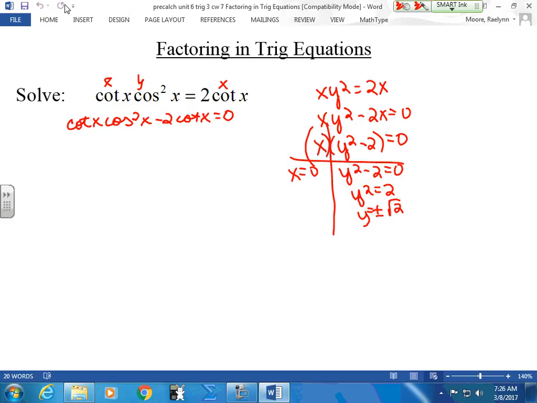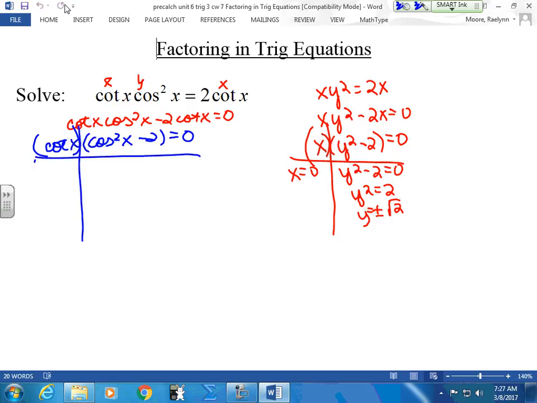Agree? Okay. So let's do the same thing over here. What can I factor out? Cotangent. Works the same way, right? So now I have 2 factors. If it helps, put your factors like this. This way you recognize them as those products.